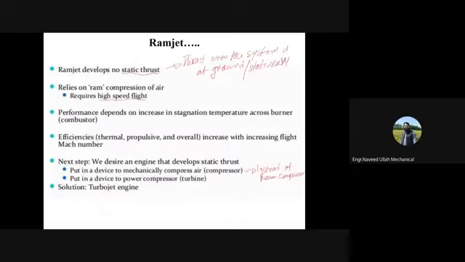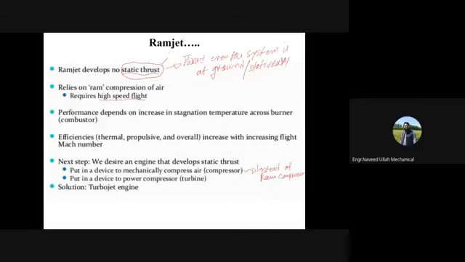अच्छा, यहाँ पे एक थोड़ा सा मैंने नेट से लिया था just to put you on track. Ramjet के बारे में हमने बात की. Ramjet develops no static thrust even if the system is on the ground. ये static thrust क्या मतलब है कि अगर आपके पास ramjet ग्राउंड पे खड़ा है तो वो आपको thrust प्रोवाइड करके नहीं दे सकता.